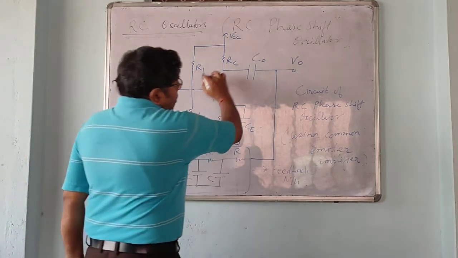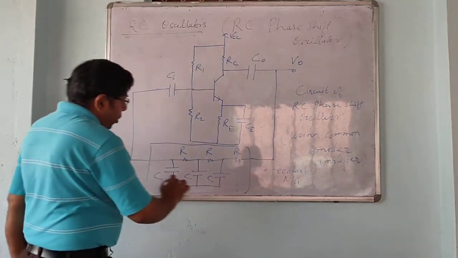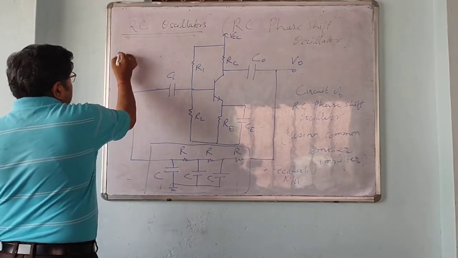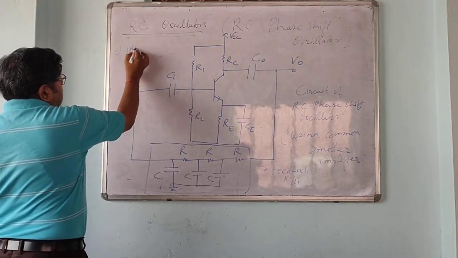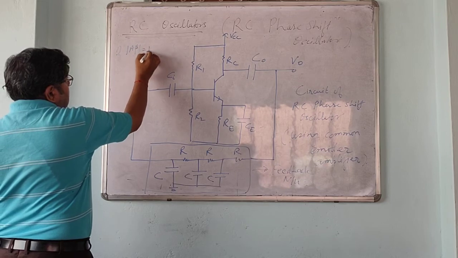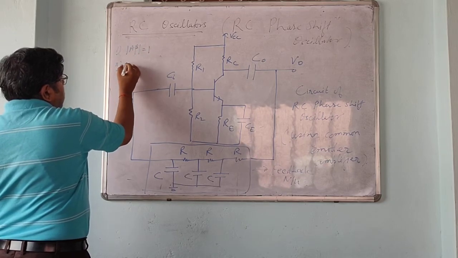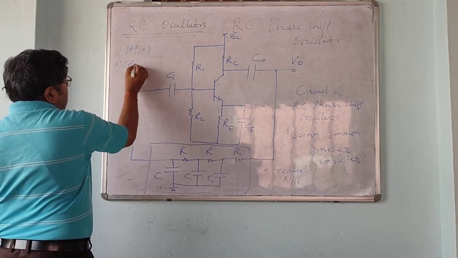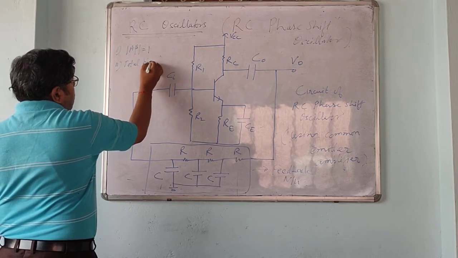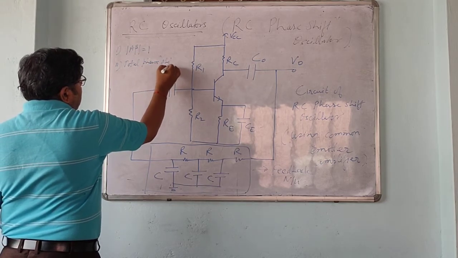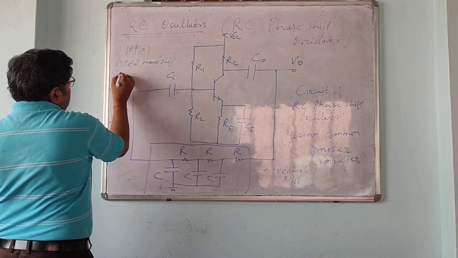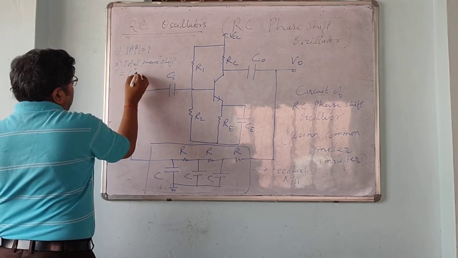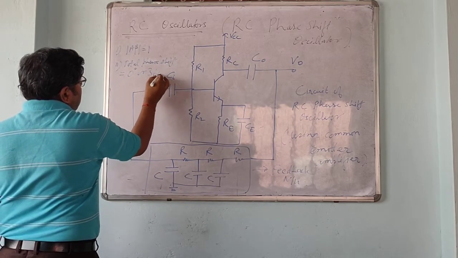Here, for the total phase shift around the closed loop, two conditions are there. First thing is the magnitude of the loop gain must be unity, and total phase shift is equal to 0 degree or 360.